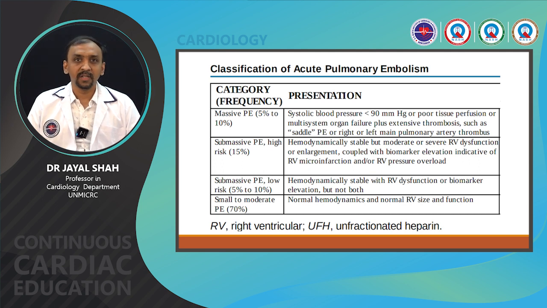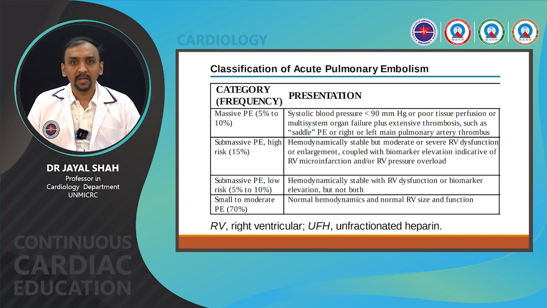So what is massive PE? Whenever there is hypotension with systemic blood pressure less than or equal to 90, or poor tissue perfusion, or multisystemic organ failure with extensive thrombosis such as a saddle thrombus in the bifurcation. In the case of submassive PE, there is hemodynamic stability but moderate to severe RV dysfunction or enlargement coupled with a biomarker elevation, indicating RV microinfarction and/or RV pressure overload.